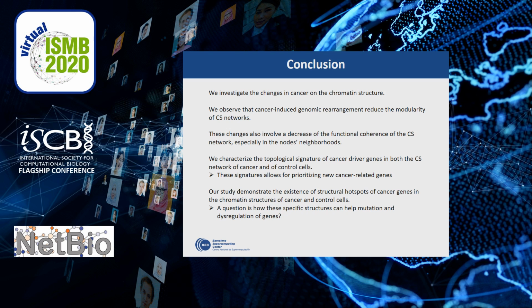Importantly, we characterize the topological signature of cancer driver genes, in both the chromatin structure network of cancer but also of control cells. And we show that these signatures allow for prioritizing new cancer-related genes. Finally, our study demonstrates the existence of a structural hotspot of cancers in the chromatin structure of cancer and control cells. From here, a key question that remains to be solved is how these specific structures can help explain the mutations and dysregulation of genes.